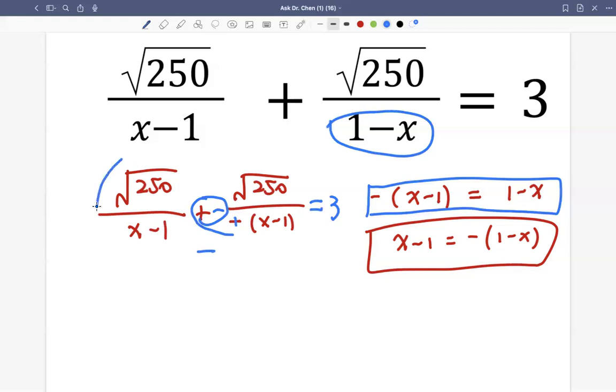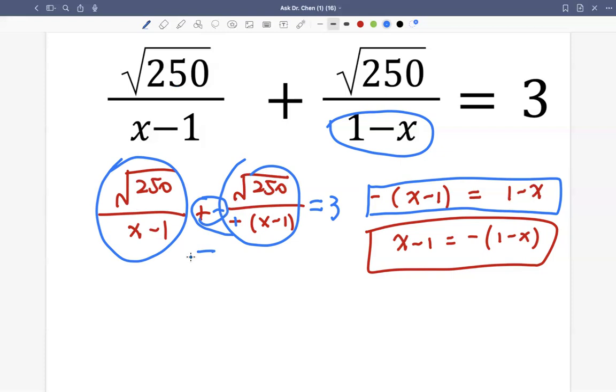Now we see this term subtracts itself, right? Sorry, I made this mess. So this term subtracts itself because now the second term becomes a negative square root of 250 divided by x minus 1.